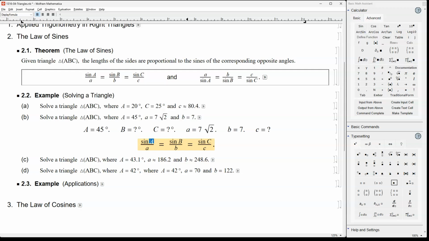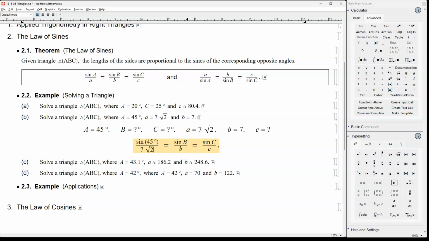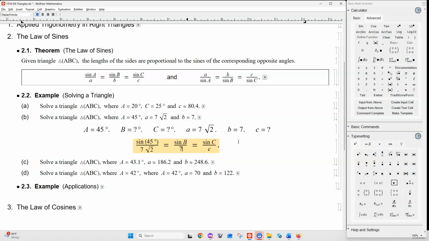What do I already know? 45 degrees, and then 7 square root of 2, and b is 7. And okay, that's it. I don't know any other. Okay, how do we proceed?